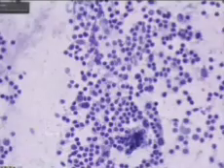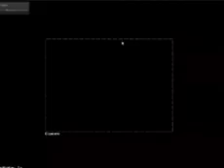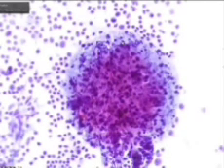Looks scary though. Some very scary looking cells.